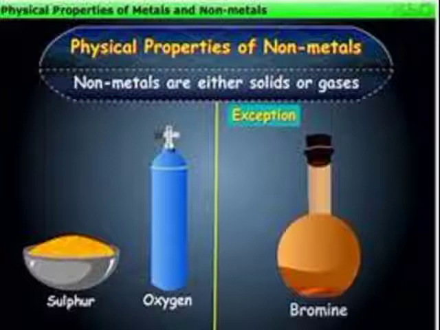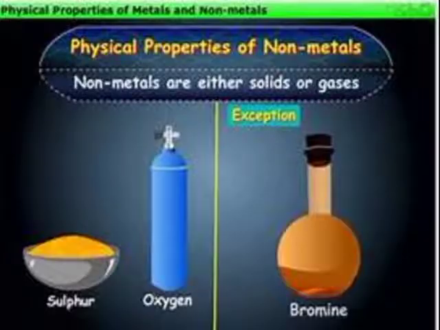At ordinary temperature, non-metals occur as solids, liquids and gases. For example, solids: carbon, sulfur and phosphorus. Liquid: bromine. And gases: hydrogen, nitrogen and oxygen.